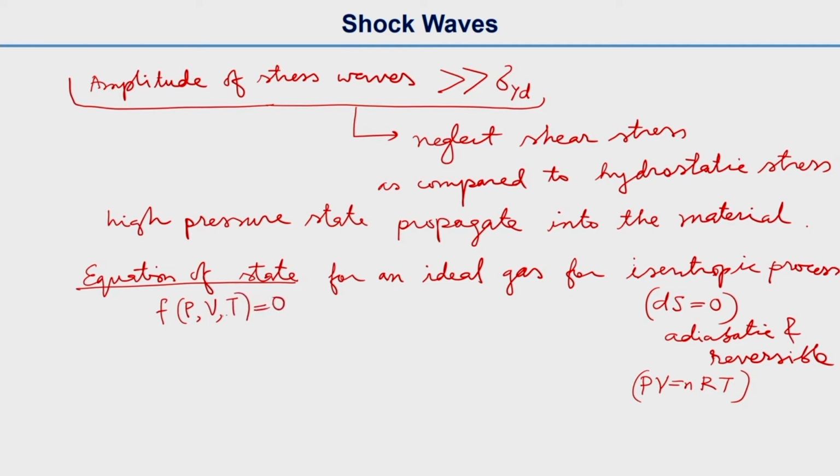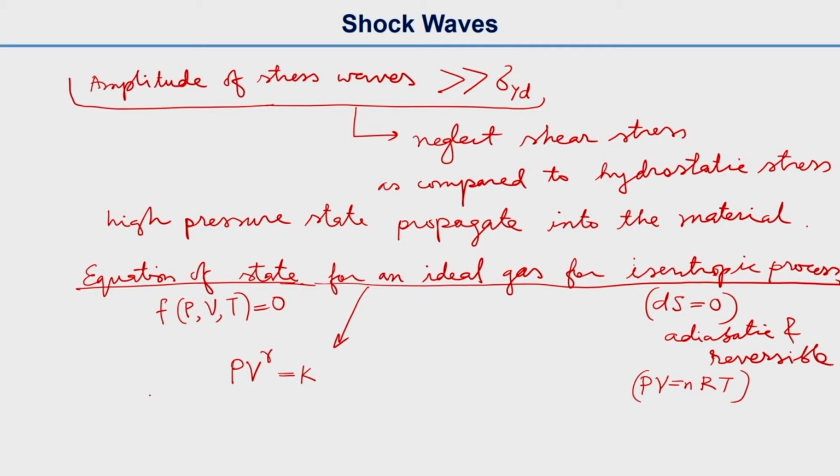In general form we can write it this way, but for this isentropic process for an ideal gas, we write it as PV to the power gamma is equal to constant K.